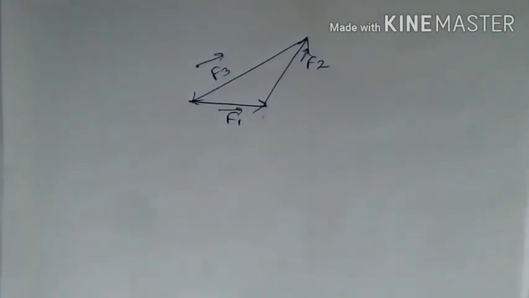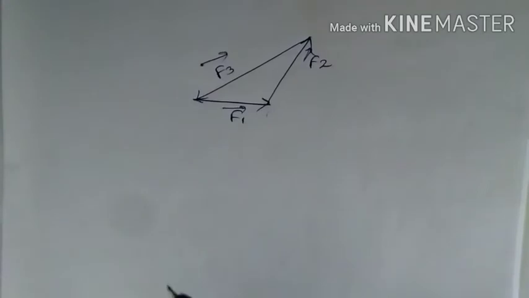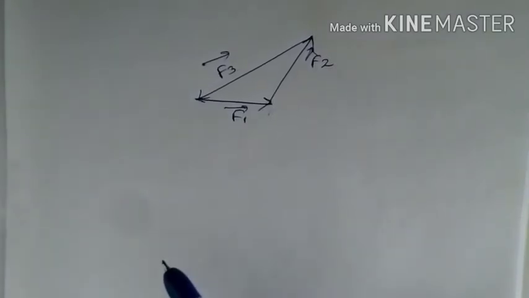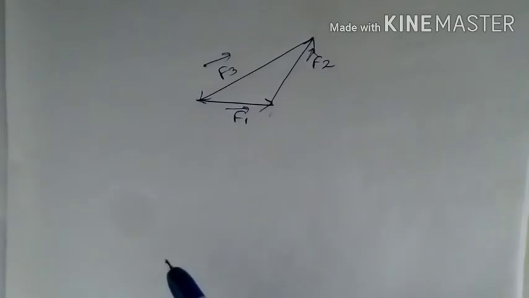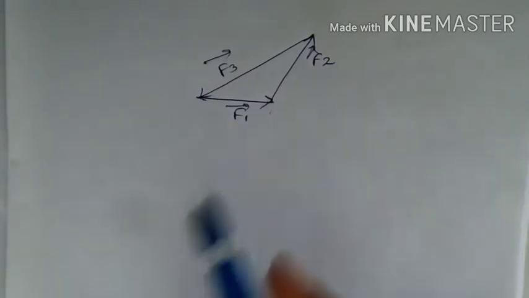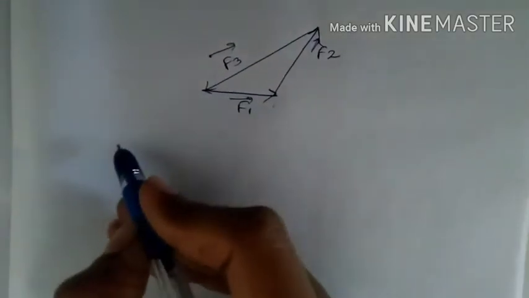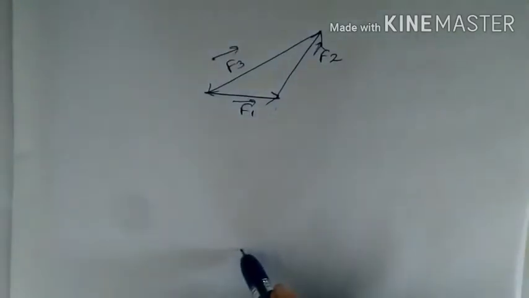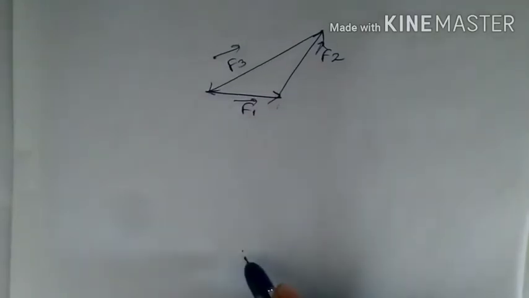So this result can be extended to any number of forces, and a particle in equilibrium under the action of a number of forces can be represented using a polygon. So let's suppose you have 5 vectors. Then you can represent it by a pentagon.